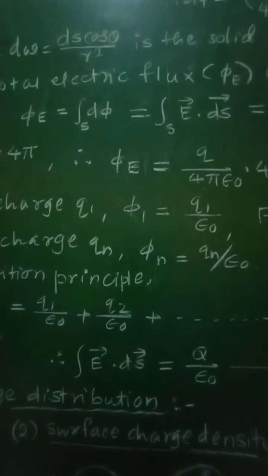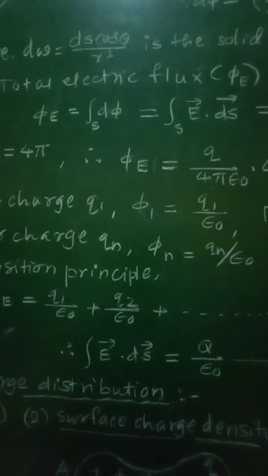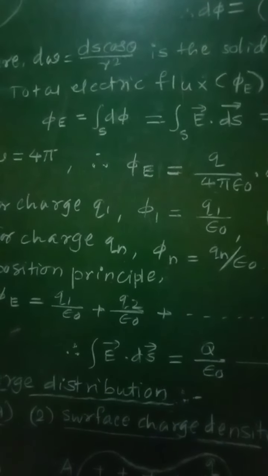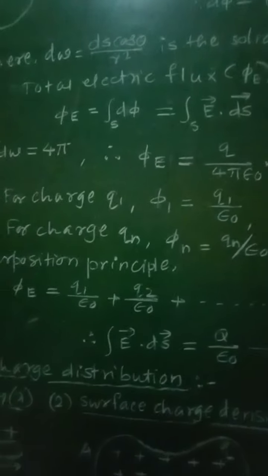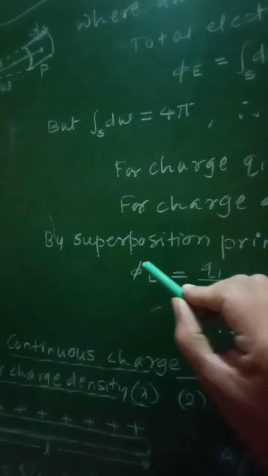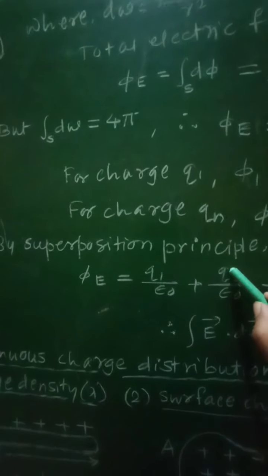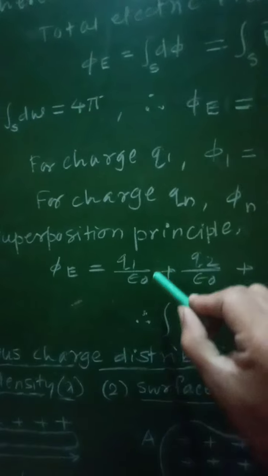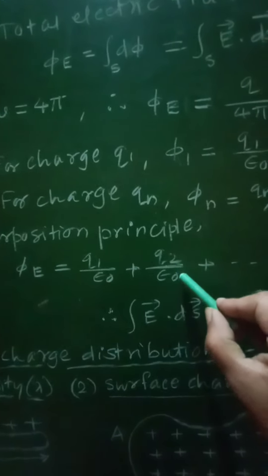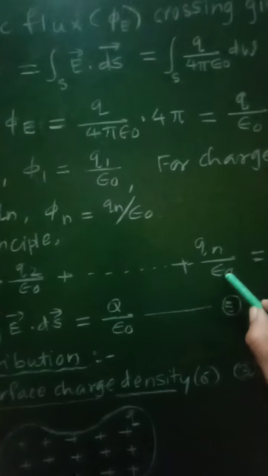Now according to the superposition principle, the total flux phi due to all charges enclosed within the given closed surface will be given as phi e equal to q1 upon epsilon 0 plus q2 upon epsilon 0 plus up to qn upon epsilon 0.